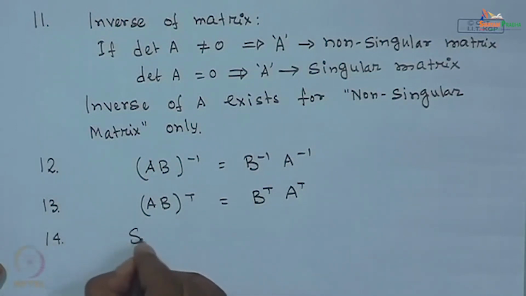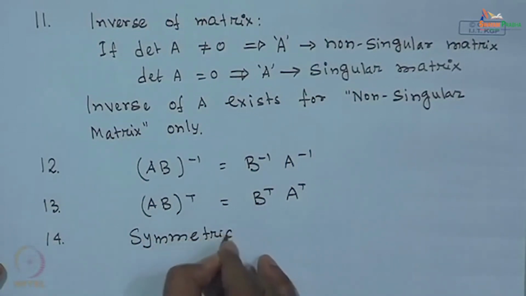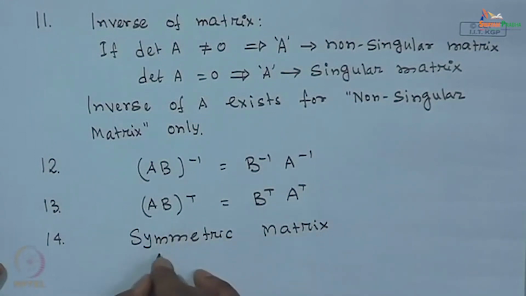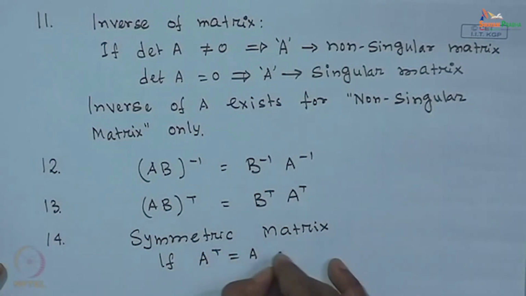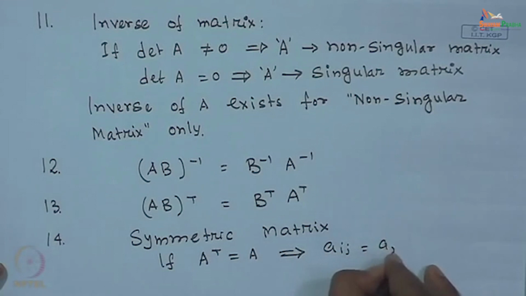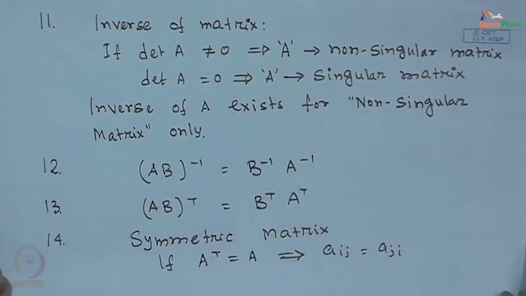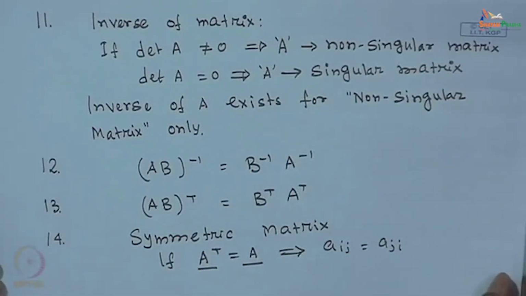Then we talk about the symmetric matrix. If A transpose is equal to A, then A i j is equal to A j i, and we call the resultant matrix A a symmetric matrix.